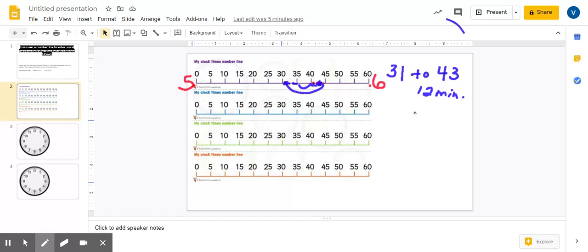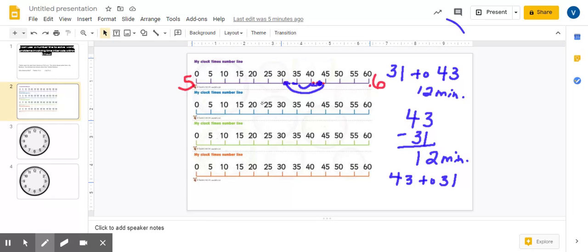How else did you figure it out? Did you subtract 31 from 43? You could do that, and that gives you 12 minutes. Anybody do a different way? Did anybody count backwards from 43 to 31? You could do that, yep.